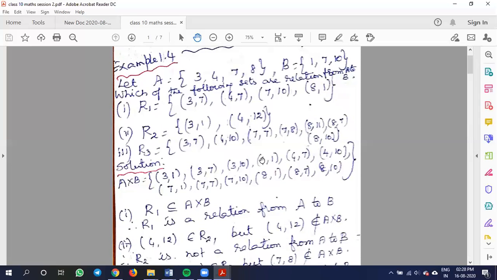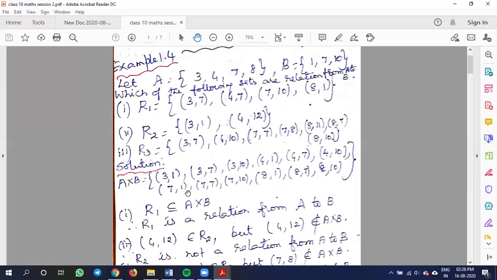Now, what are we going to find out? I told you already, a relation is a subset of A cross B. So subset is nothing but we have to check whether all the elements of R1 are present in the cross product A cross B. That alone you have to check.